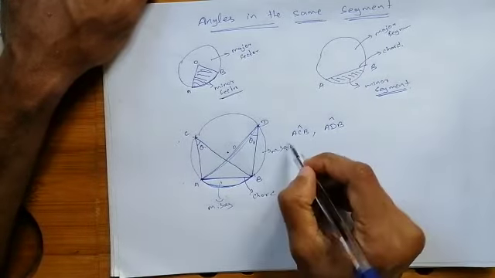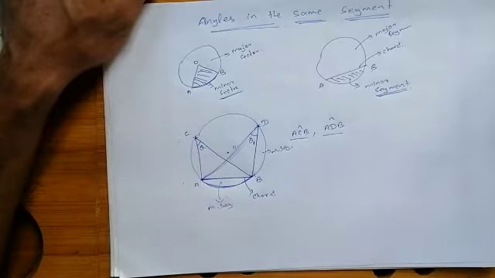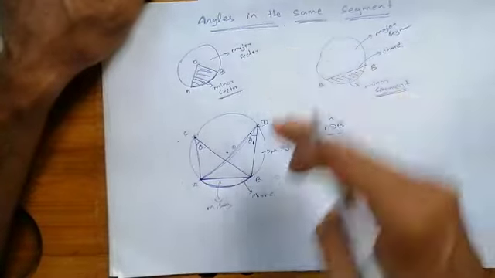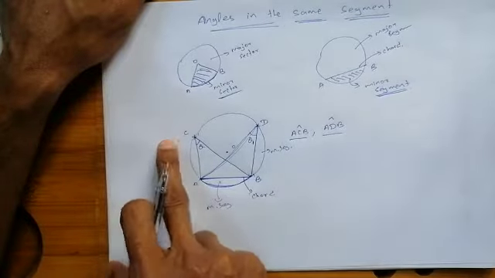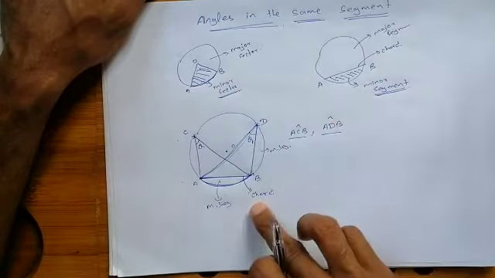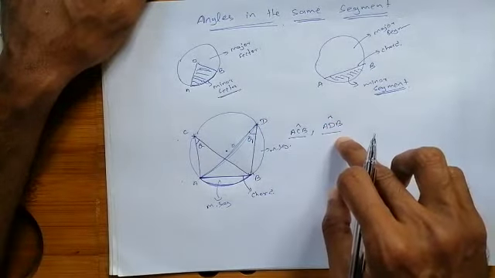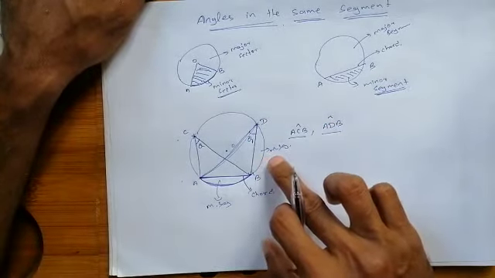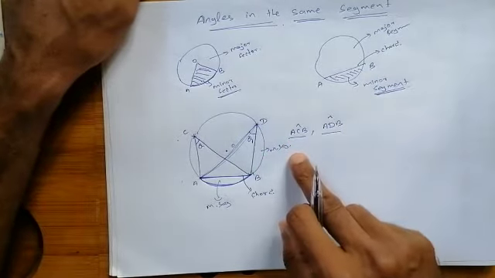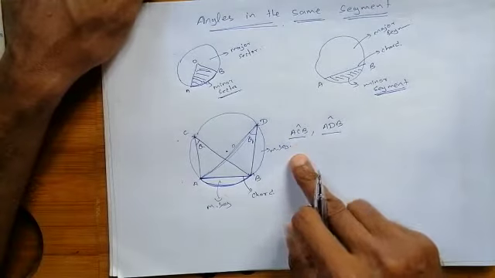Okay. ACB and ADB are both on one side of the chord, which means ACB and ADB are in the major segment.